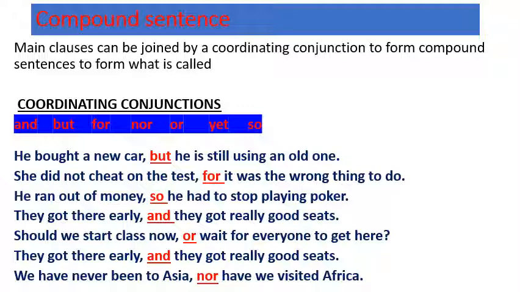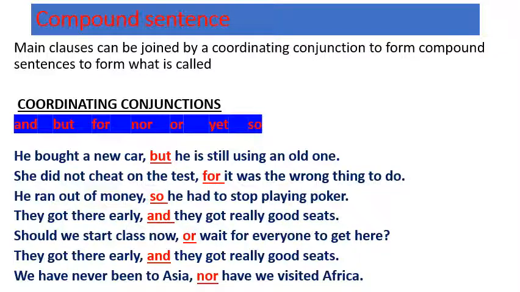When I combine two main clauses using a coordinating conjunction, I would form a compound sentence. I will say it again: when I combine two main clauses using a coordinating conjunction, I would form a compound sentence.